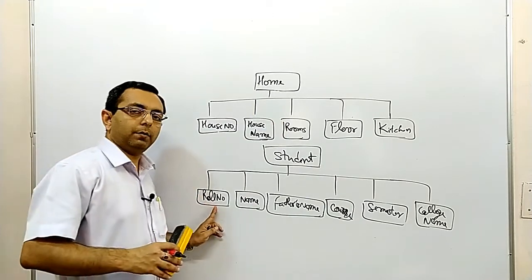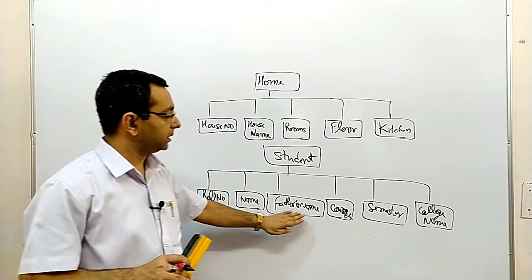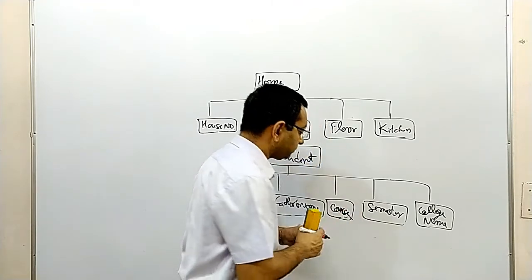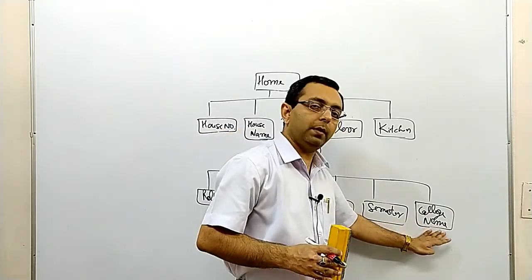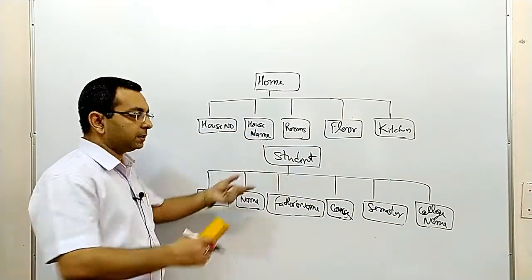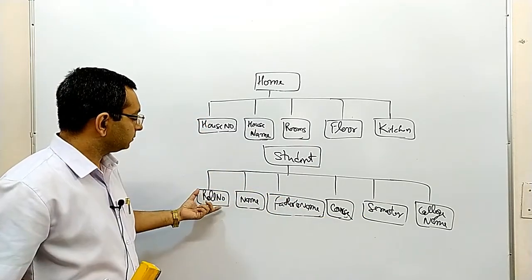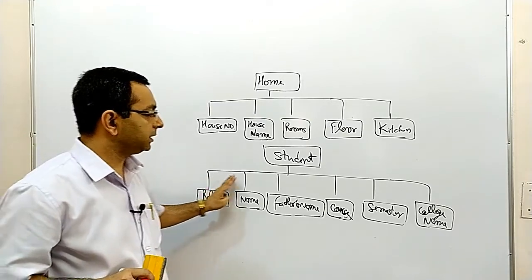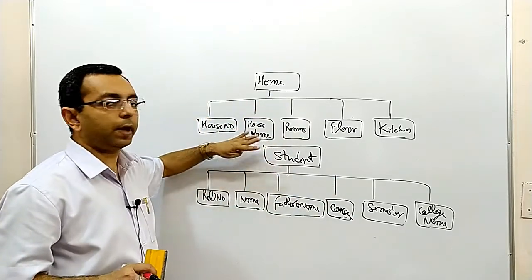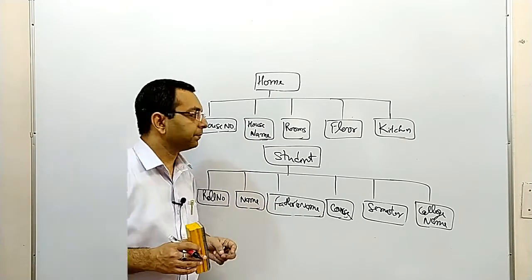Here roll number is just data as we have discussed, name is just again data, father's name is data, course again data, semester is data, college name is data. When we are combining them as an entity, student is now a data structure. We are now organizing. So these logical representations form a data structure. These are just two examples. We will learn so many examples in later videos.